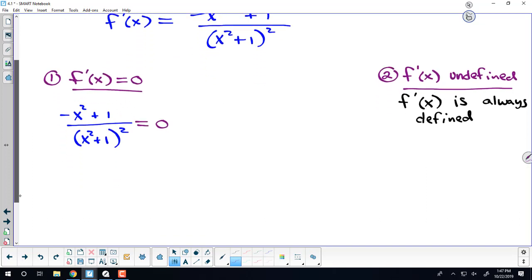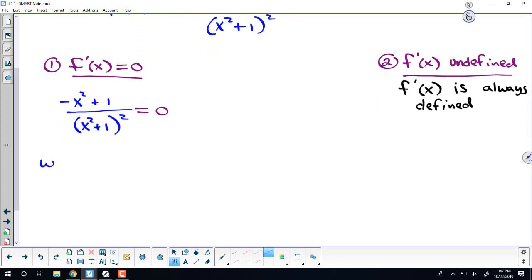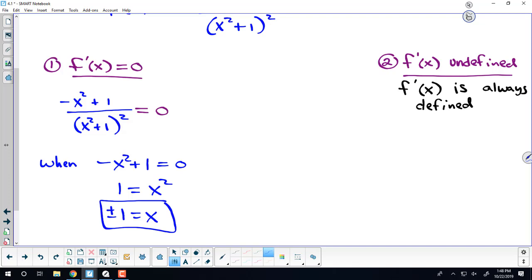So the first derivative is 0 when the negative x squared plus 1 is equal to 0, and so that's when x squared equals 1, at plus and minus 1. So the derivative is always defined. We didn't come up with any critical points there, but there's two places where the derivative is 0.